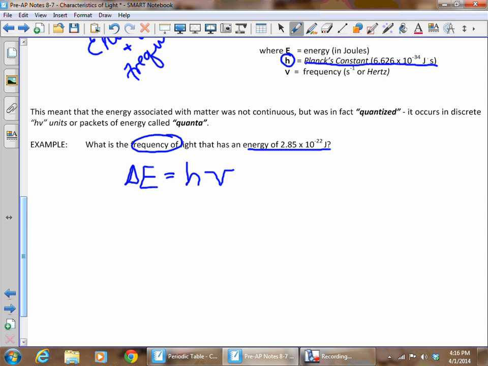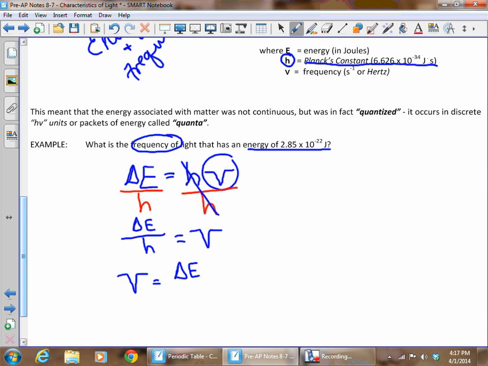We're solving for frequency, so once again, remember, to solve for frequency, we're going to need to divide both sides by h, Planck's constant. We end up with frequency being equal to energy over Planck's constant. Remember, I like to write that with the variable that I'm solving for on the left.